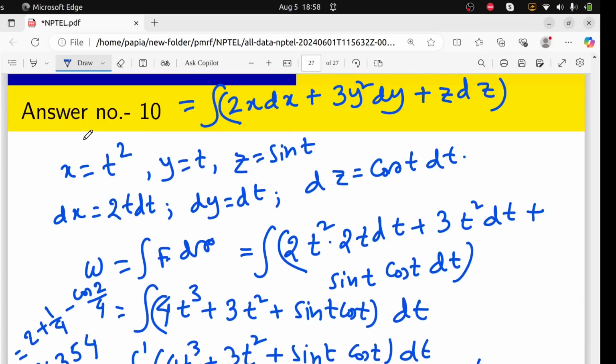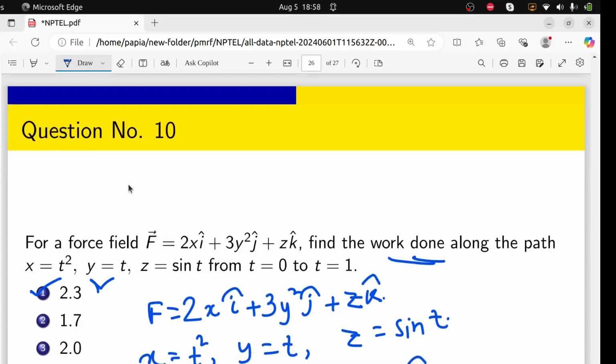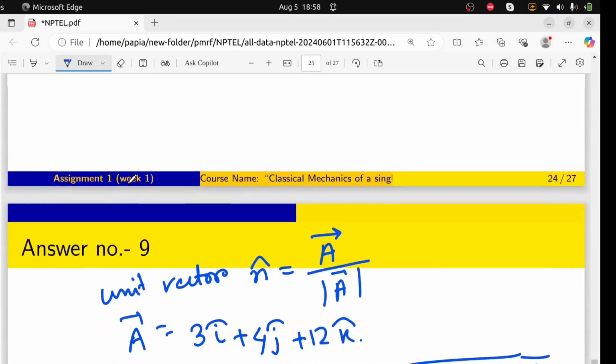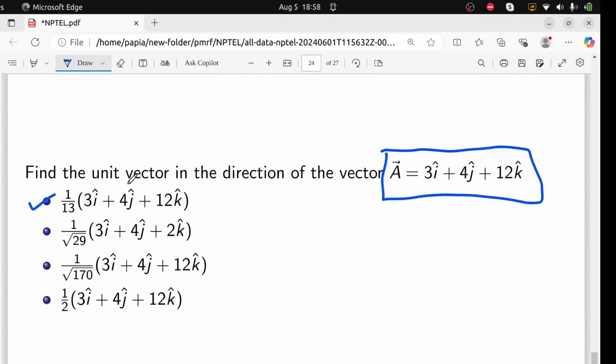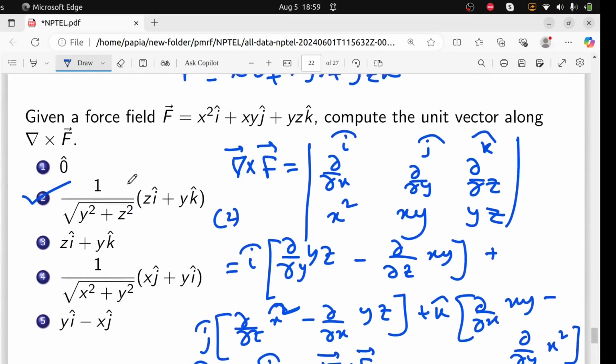So this is the 10th question answer. This is the 9th question. And this is 8th question.